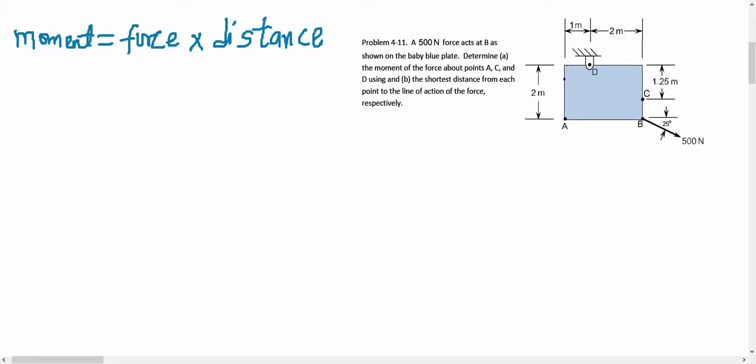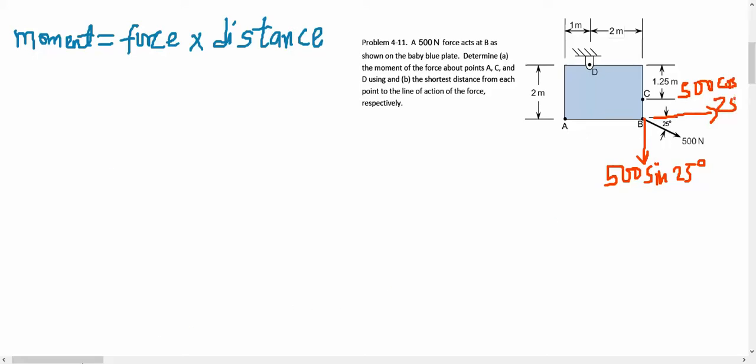So here the first step is to draw a free body diagram, but here I'll just put the forces straight on. So here we have a force which is 500 sine of 25 degrees, because this is opposite of this. So it's 500 sine 25 degrees. And over here would be 500 cosine of 25 degrees.